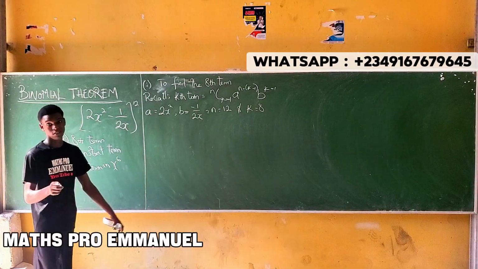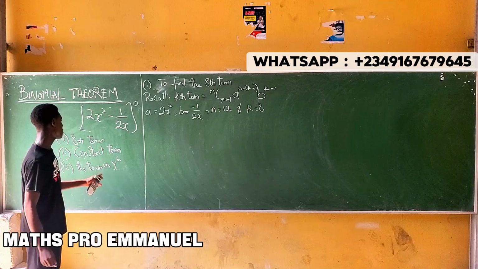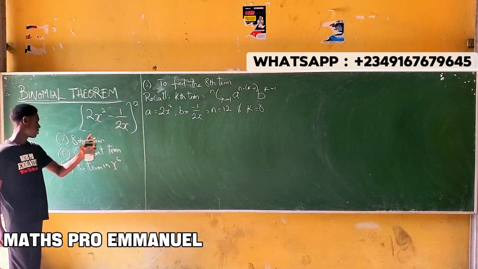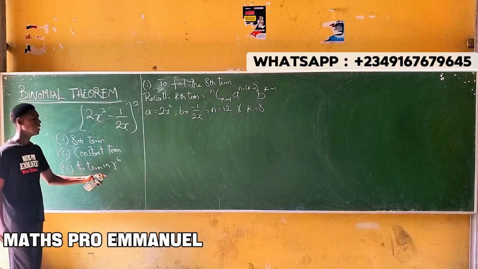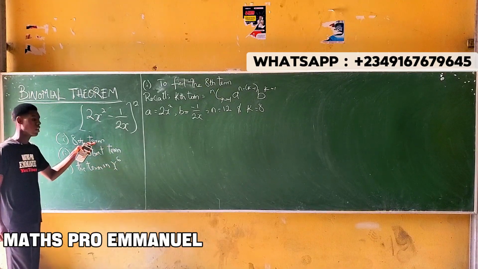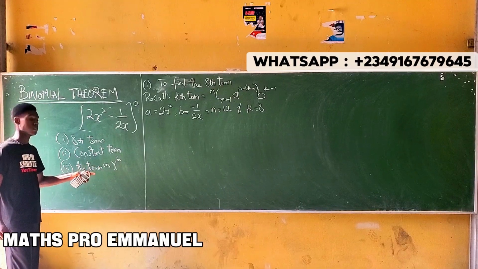Mind you, there is something I'm going to explain in the course of this video. When they say find the 8th term, this is the approach I'll give. But when you are asked to find the term in x raised to the power of 6, this is far different, and I'm not going to approach these two questions in the same way.